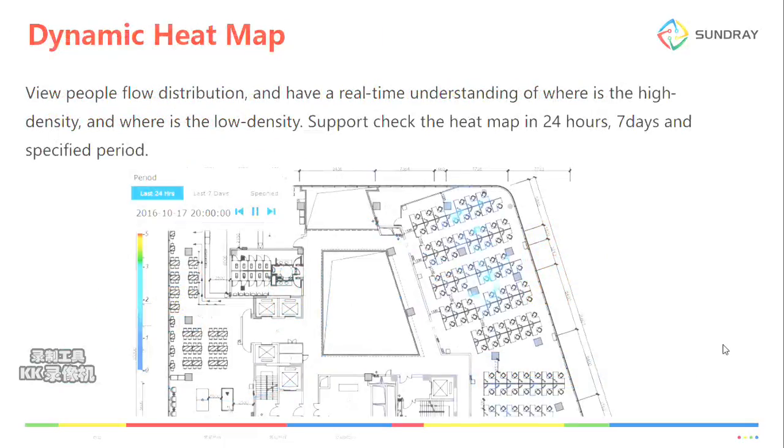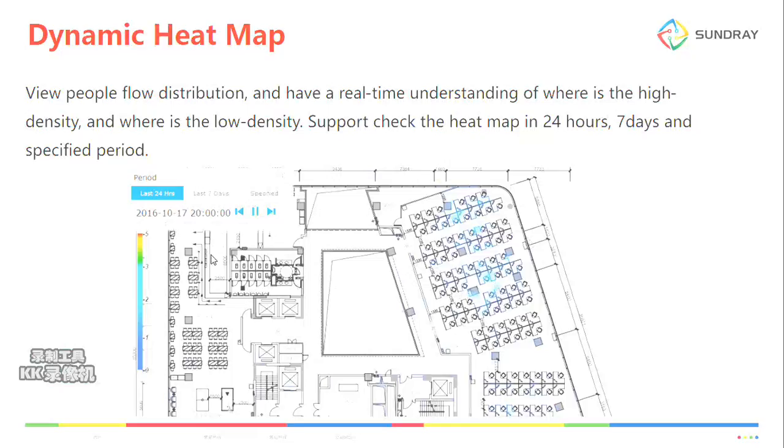Also, this is a new feature in the firmware: the dynamic heat map. In the dynamic heat map, for the last 24 hours, we can show the heat map every 10 minutes. Within 7 days, we can show the heat map every 1 hour.